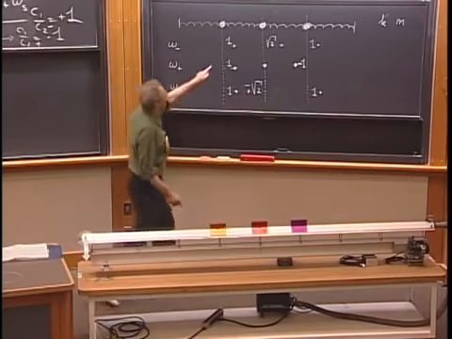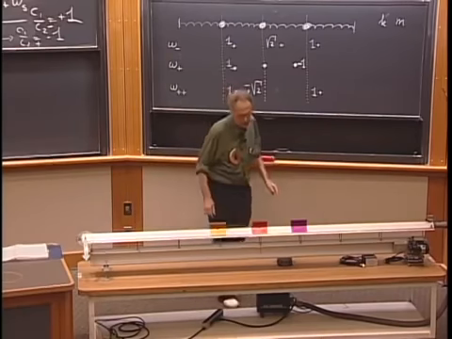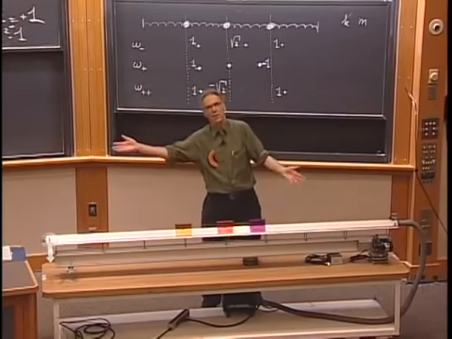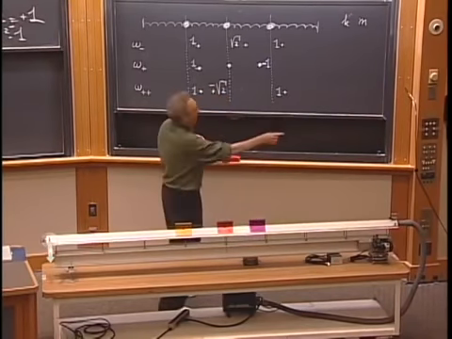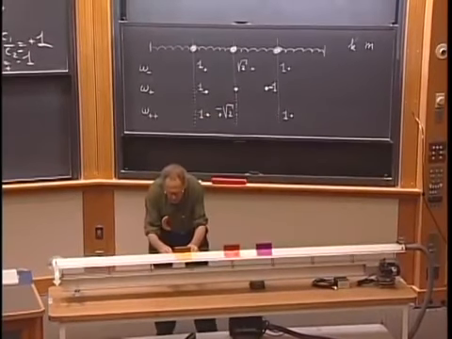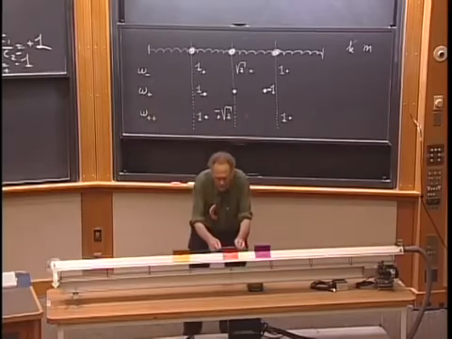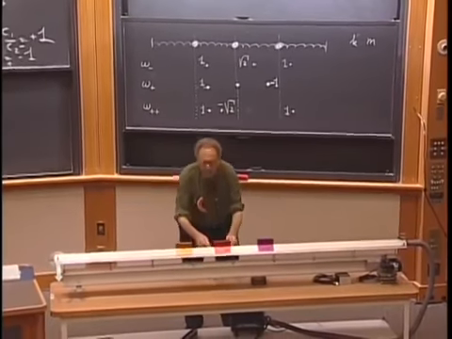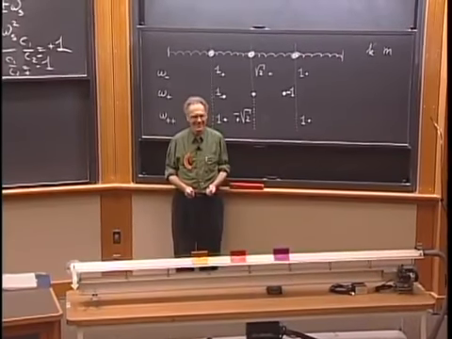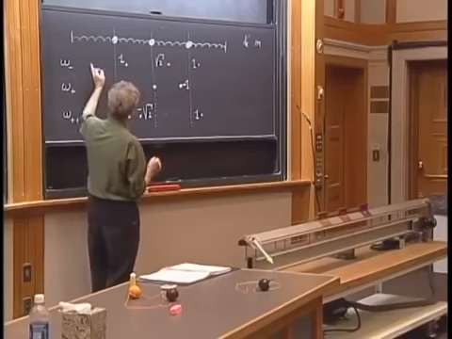If I offset this one in the positive direction over a distance 1, and the other one has to be offset by 1 in the same direction, which I just did. But this one has to be offset by the square root of 2, which I just did. And now, turn on the air, and I have exactly the right initial conditions for this mode.